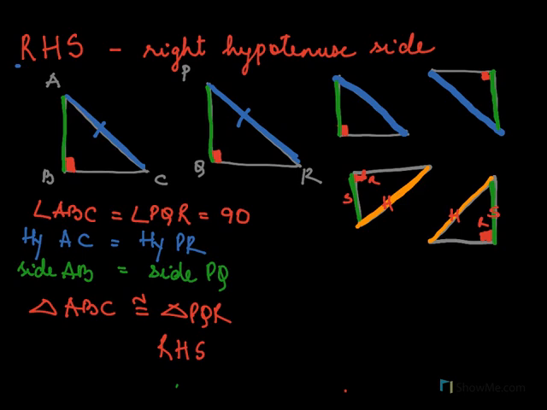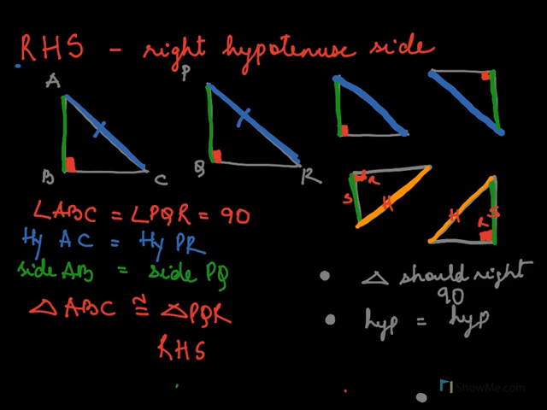So again, to summarize, first condition, the triangle should be a right triangle. Right triangle means one angle should be 90. The second condition is the hypotenuses should be equal. The hypotenuse of one should be equal to the hypotenuse of the other, and the third condition is the side of one should be equal to the side of the other. If you have these three conditions done, the triangles are congruent.